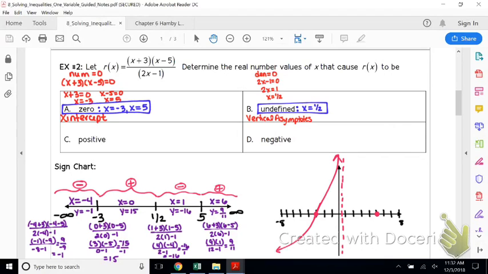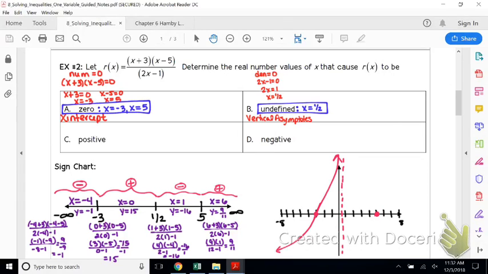Then we've got from 1/2 to 5. You told me that all of our y values are going to be negative. So 5 is my x-intercept, so I'm going to start at it. I've got to go towards the 1/2, but am I going to go up or down? Down. Why? Because my y's are negative.